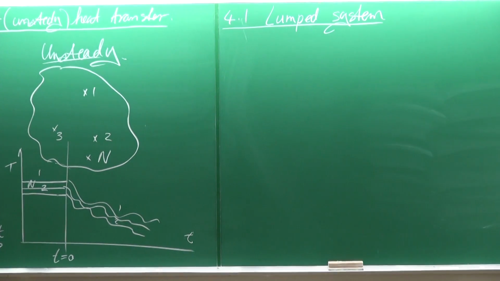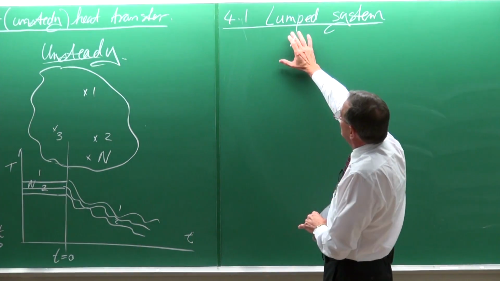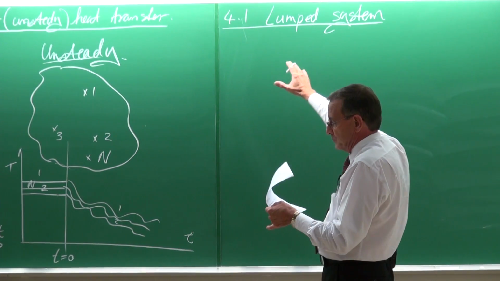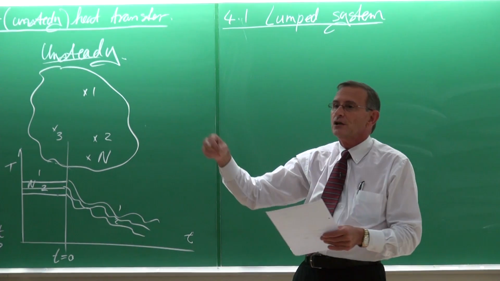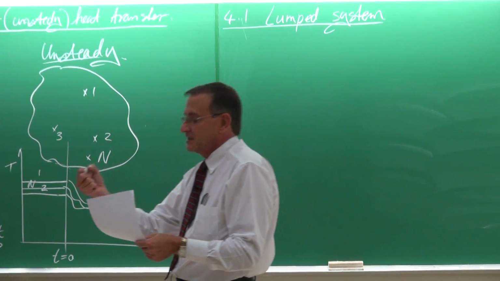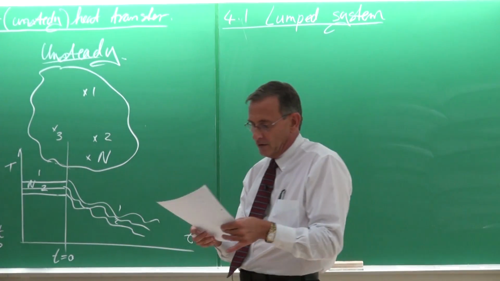Okay. Now what does this word lumped mean? For those of you of which English is not your first language, lumped means it is combined, it is put together, it is an aggregate. In Afrikaans, klont is the Afrikaans word for that.